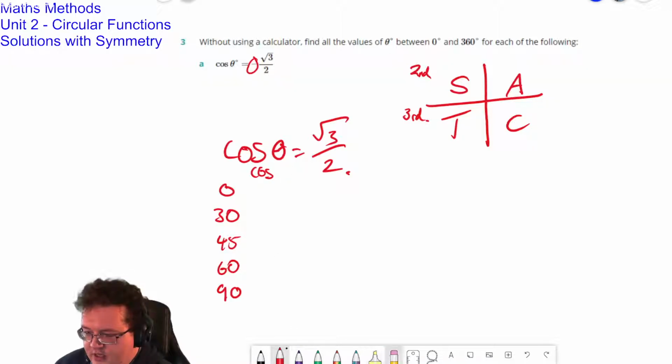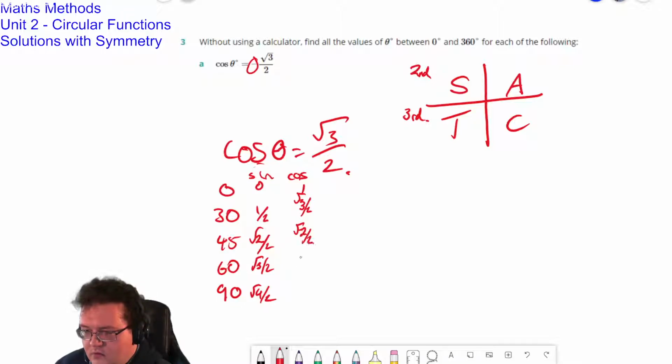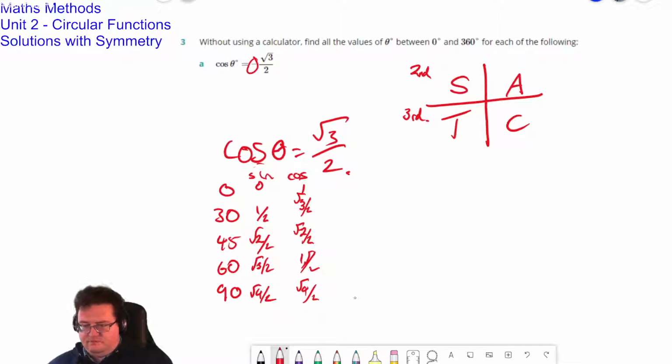So sine is 0, root 1 on 2, root 2 on 2, root 3 on 2, root 4 on 2. That's sine. And then cos is the opposite. Or 1, or 0.